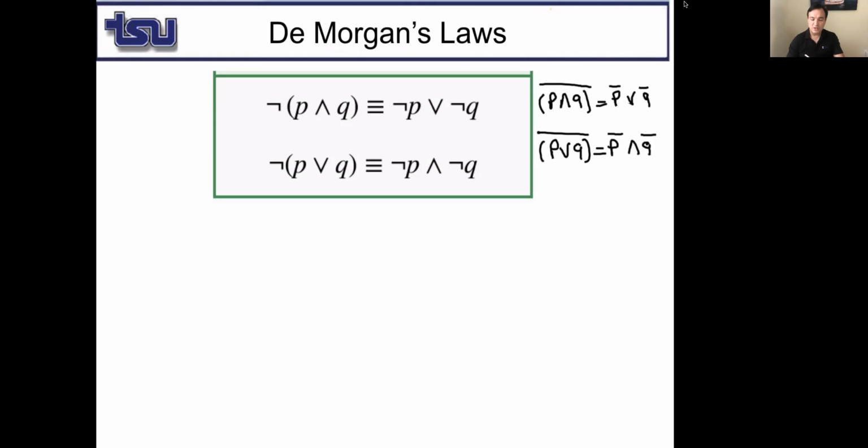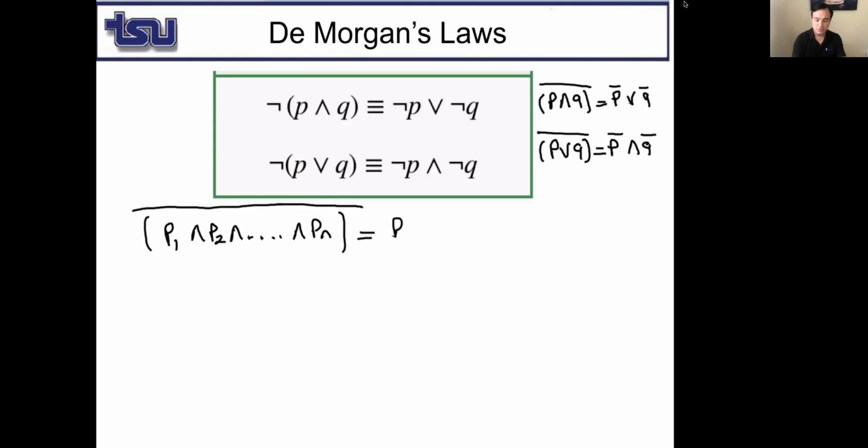Okay. So in general, if you have, for example, P1 and P2, and you have AND statements, and you want to get the inverse of it, you get the inverse of each one, and AND becomes OR.